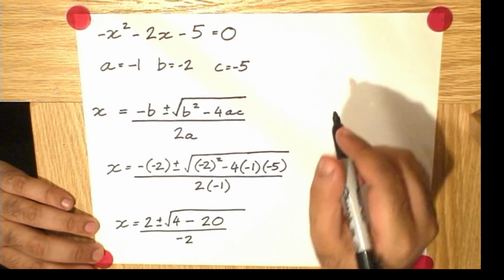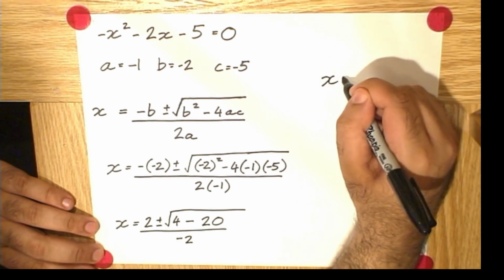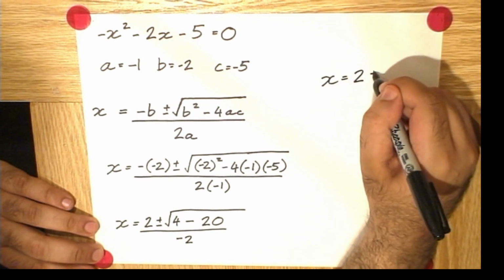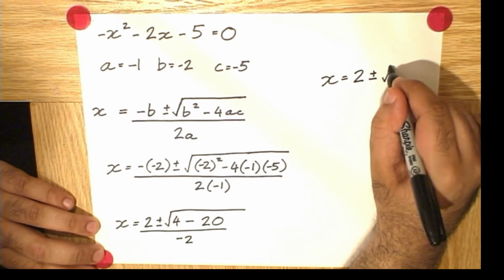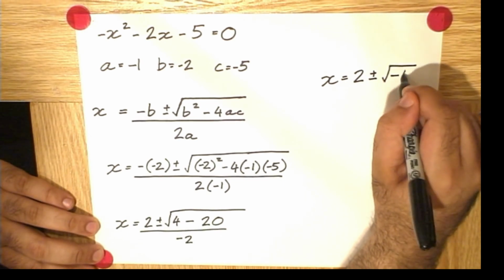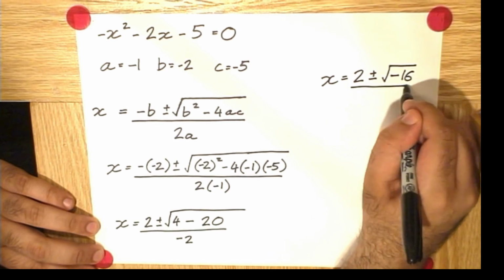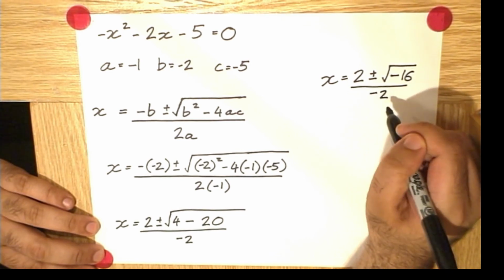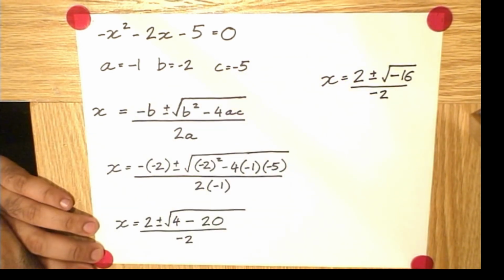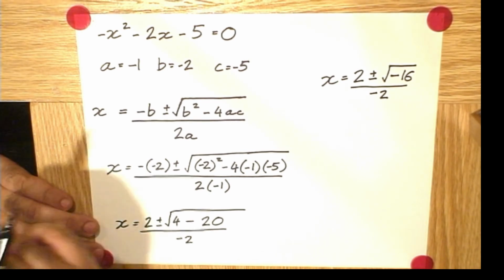Simplifying still further, we get x is equal to 2 plus or minus square root of -16 over -2. The square root of a negative number. Now, from your math classes, you might remember that it is actually possible to do this.